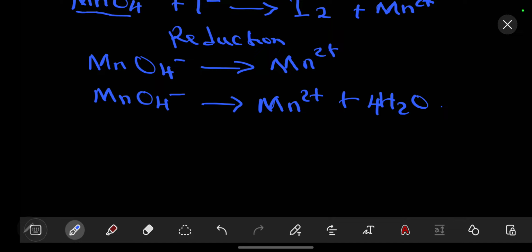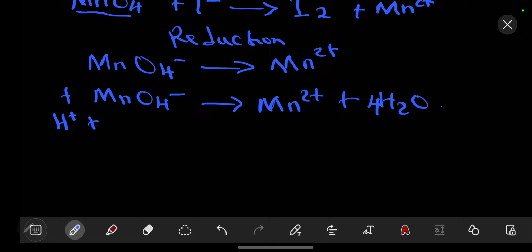Now since I have added 4 oxygens that side, I have created a problem: I have added hydrogen on the right side, but there is no hydrogen this side. So I'm also going to add hydrogen on the other side. It is an ion, since in water it will exist as an ion.